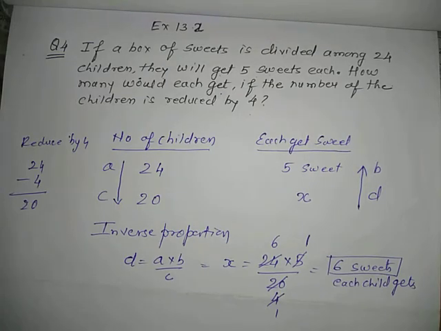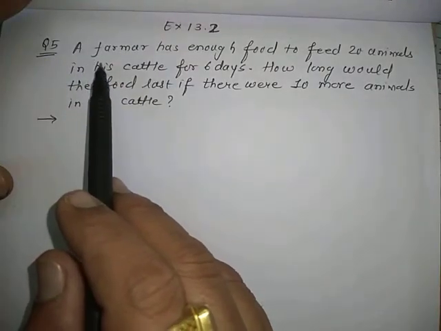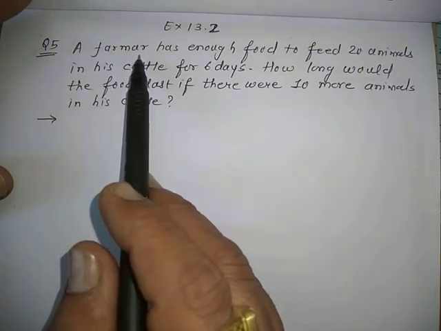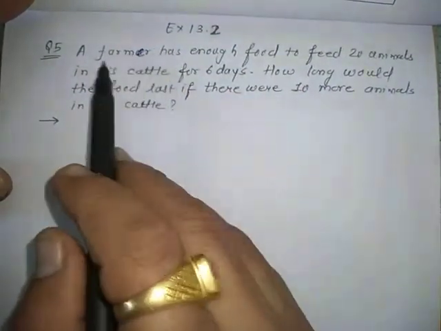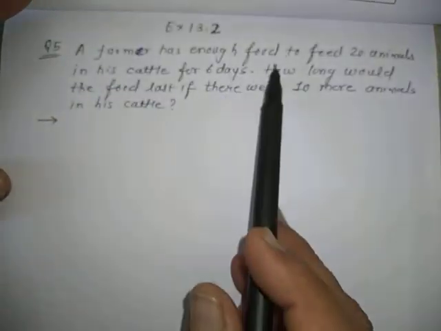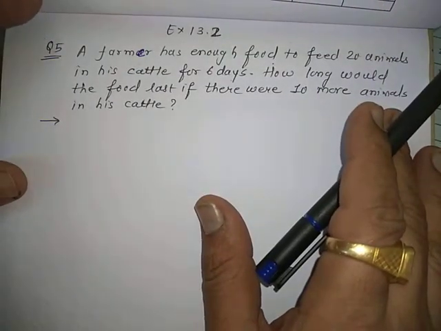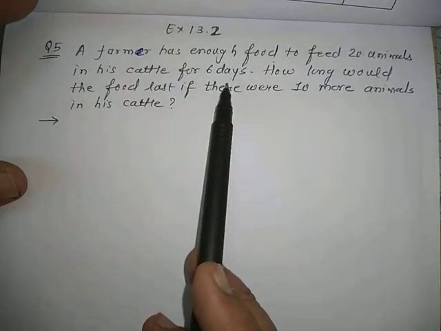Similar questions. Question number 5. A farmer has enough food to feed 20 animals in his cattle for 6 days.